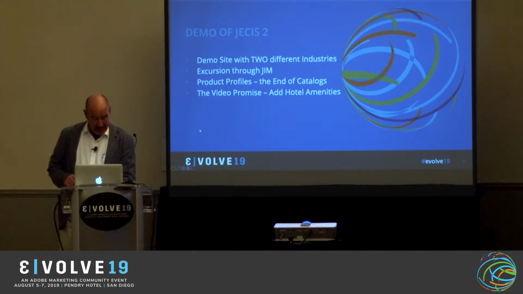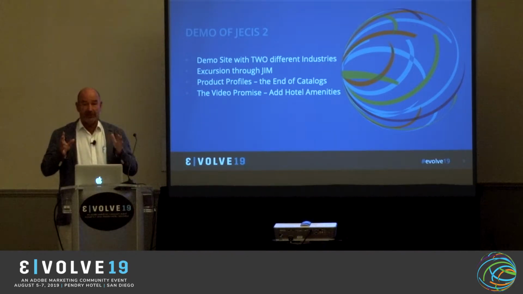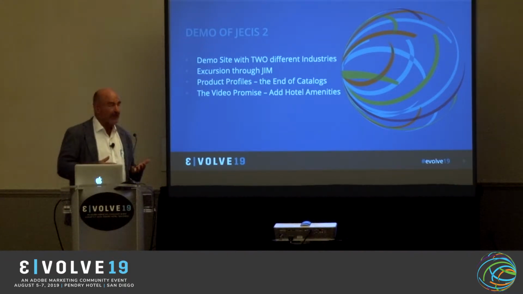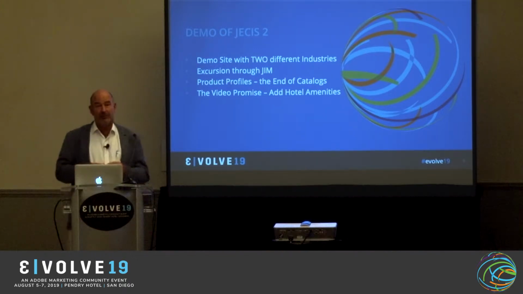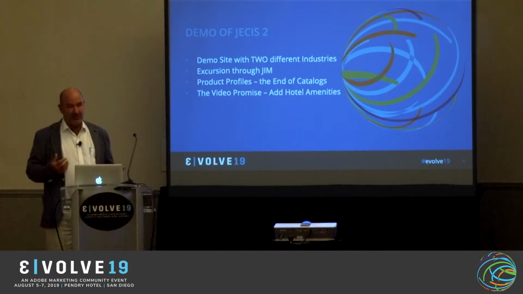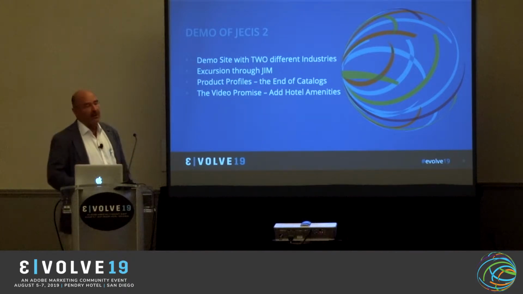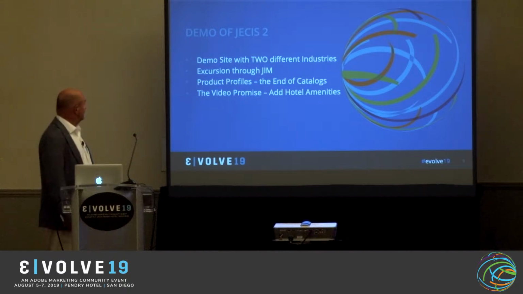So, sorry, quick. What I wanted to cover first is to show you how you can run two different industries in one commerce experience. Then we're going to do a little excursion through JIM to show you what the work of an author or administrator is in the commerce environment, and you're going to see the author will get a lot more power to manage the commerce content.